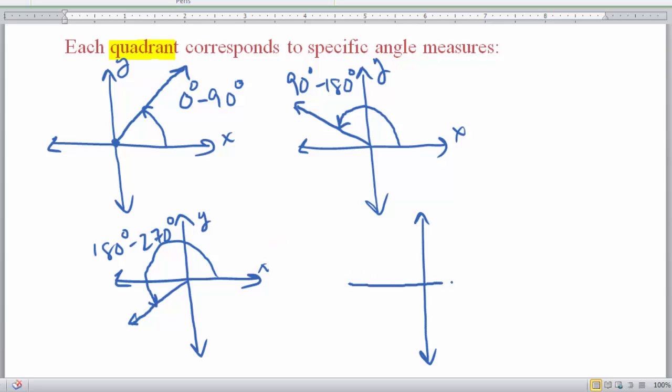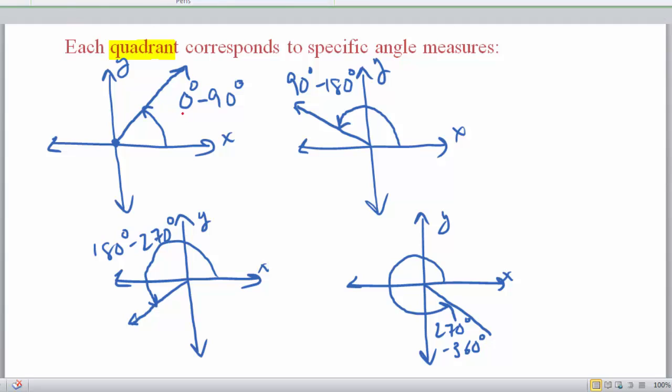And then in the fourth quadrant, you've gone past 90, past 180, past 270, and into this fourth quadrant. So the angles in here are going to be between 270 and 360.